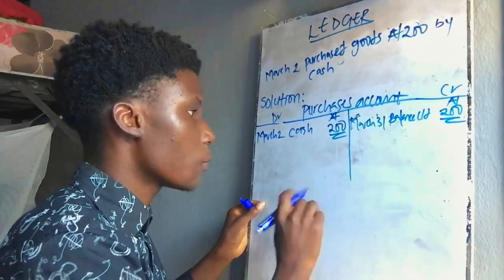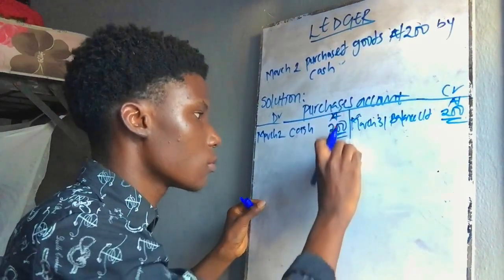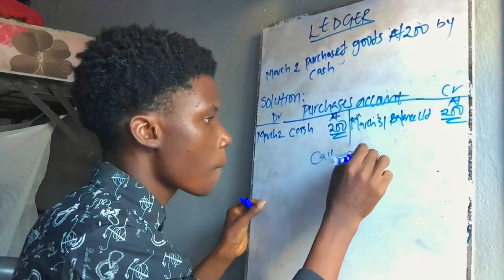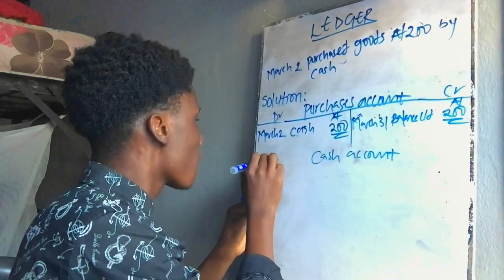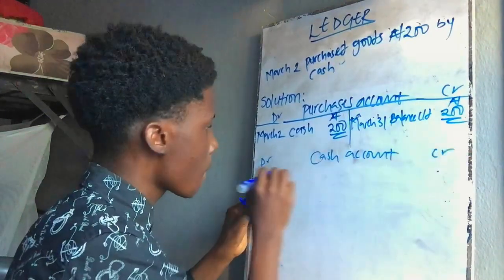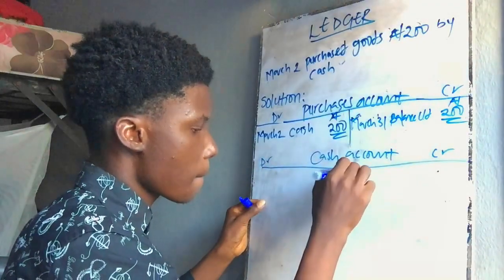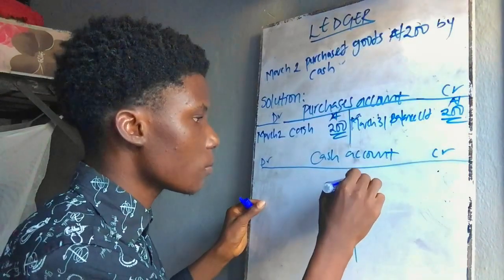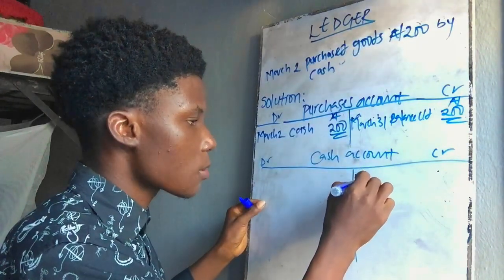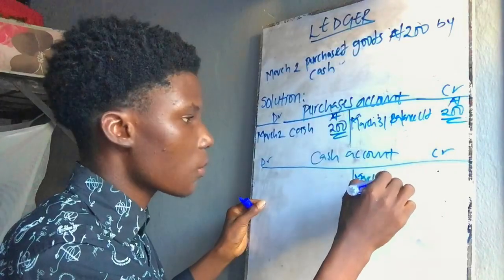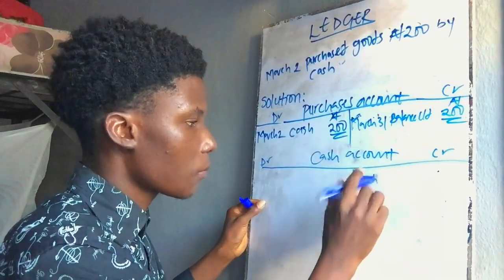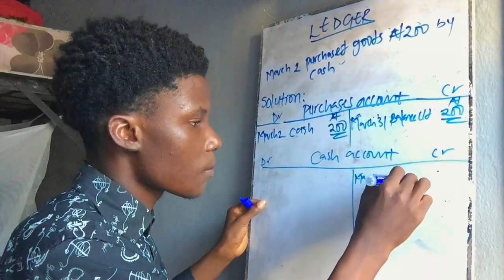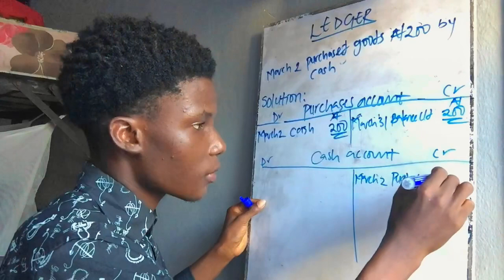Okay, so we can now prepare the next account, which is our cash account. So cash account is giving out. Okay, so we say March 2nd, purchases 200.